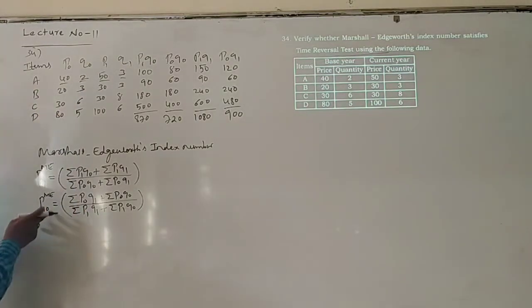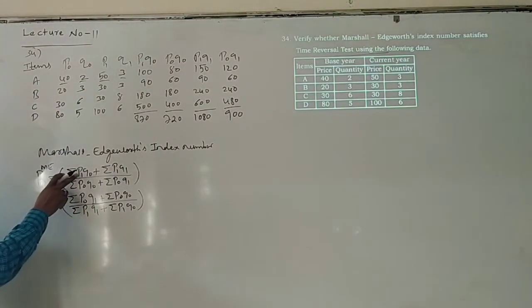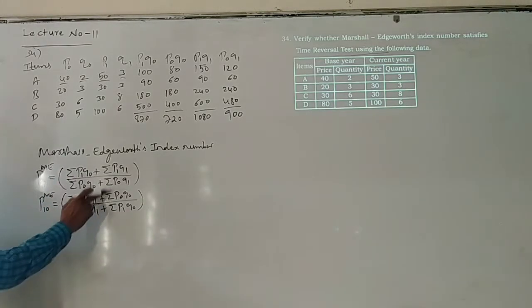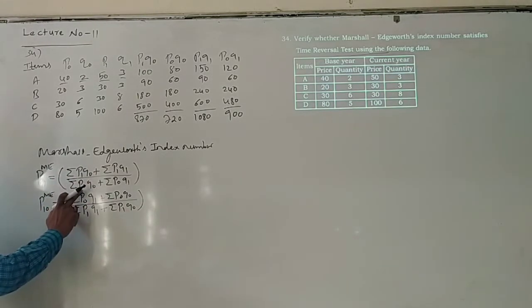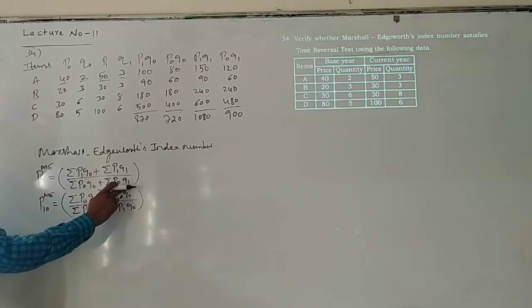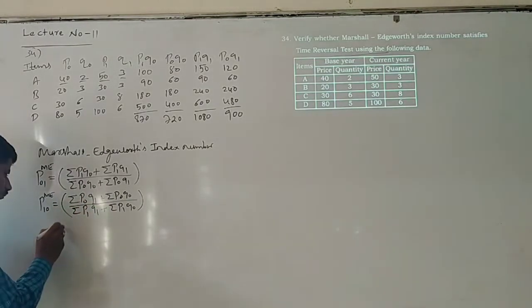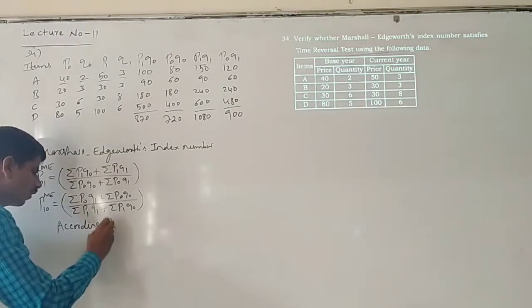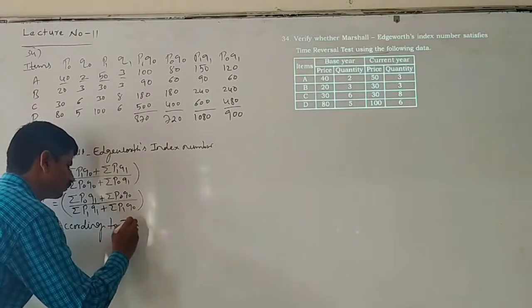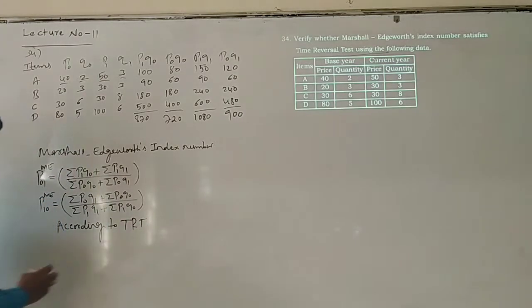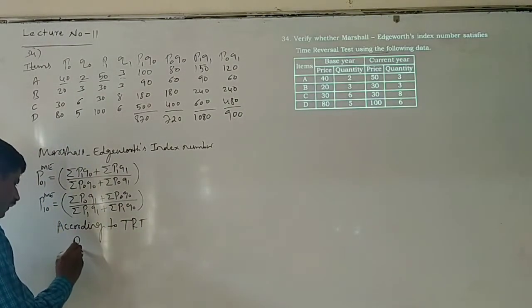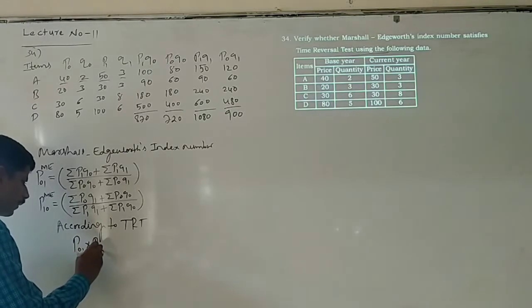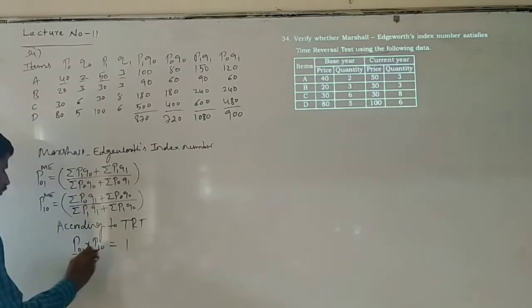Okay, P10 M means here you have to interchange the base year to current year and current year to base year. Here P1 Q0 is there, you have to take P0 into Q1 plus P0 into Q0 divided by sum of P1 Q1 plus P1 Q0. Okay, then according to TRT, P01 into P10 equal to 1. Substitute the formula.